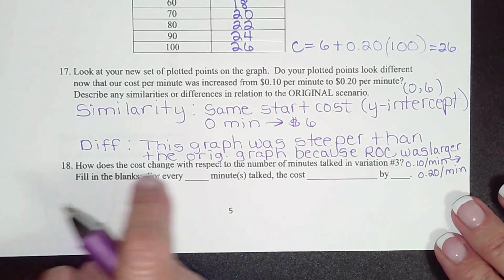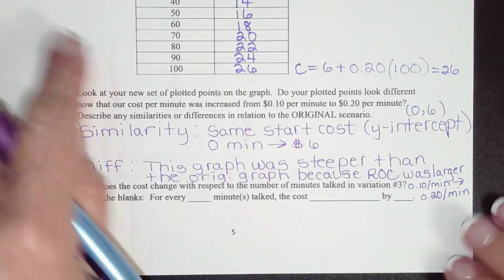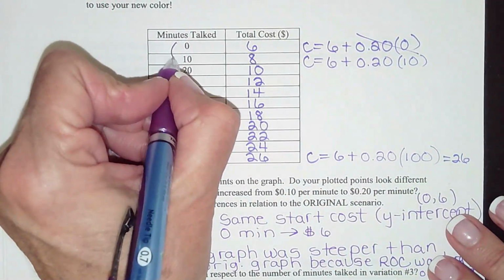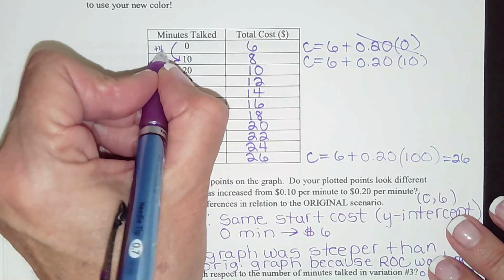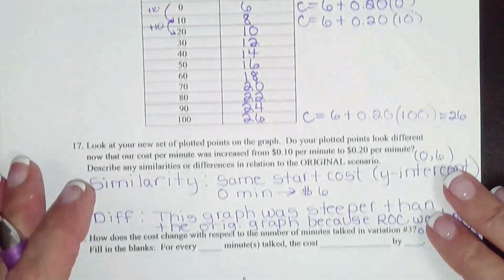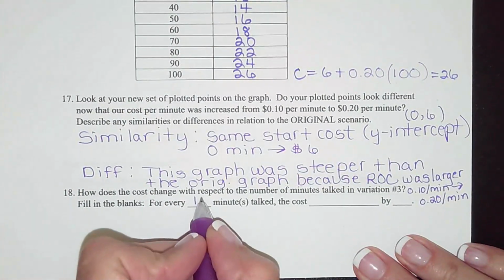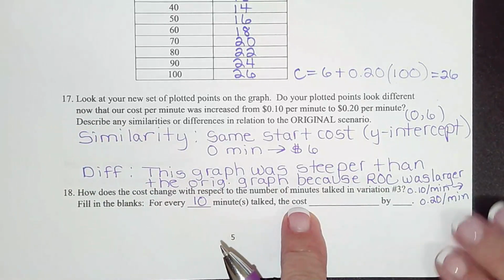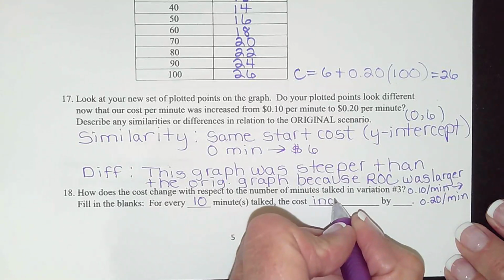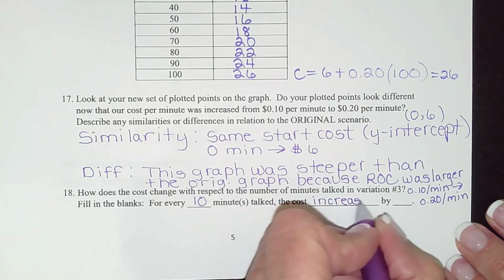And last, how does the cost change? For every, we already talked about this, 10 minutes talked, so plus 10, plus 10. For every 10 minutes talked, the cost, of course, it's increasing, increases.